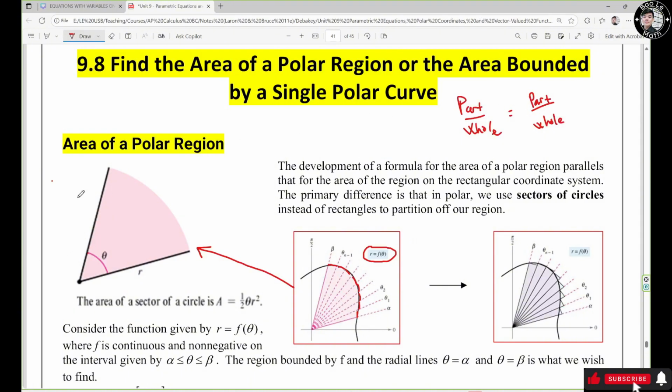We know that this is the angle theta of the sector of the circle. This sector is the part of the circle.